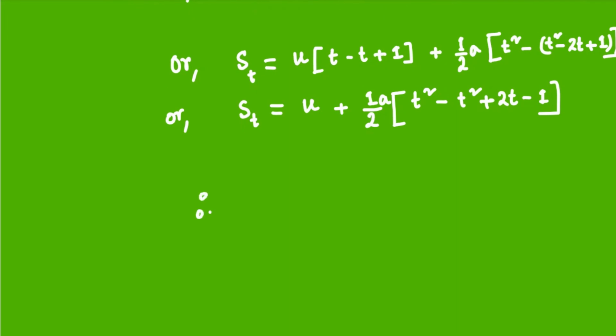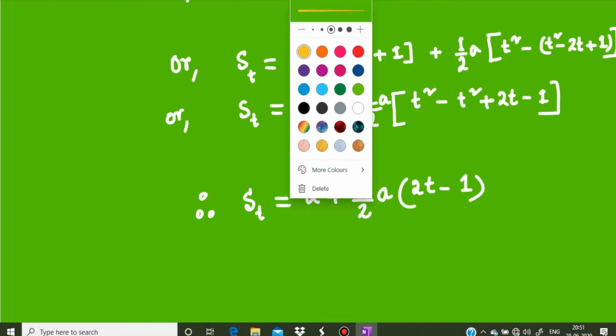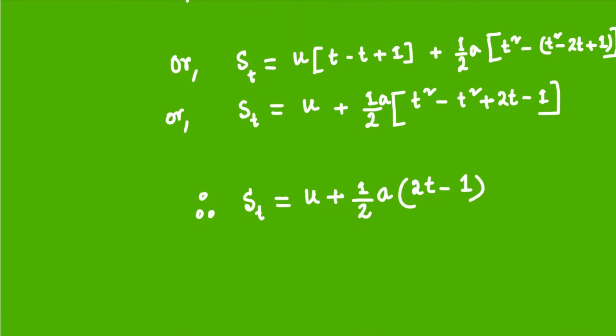Finally we get st equals u plus half a (2t minus 1). So this is the formula of st, that is the distance traveled by the body in the last 1 second or in the tth second.